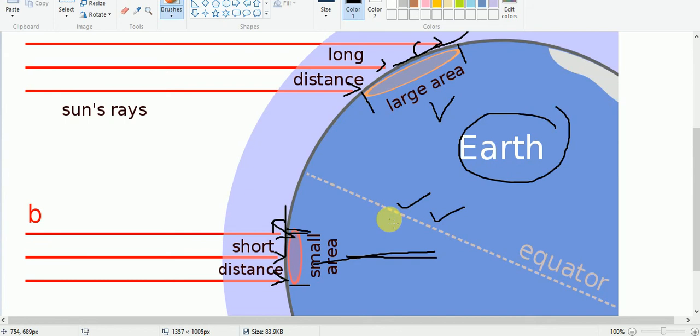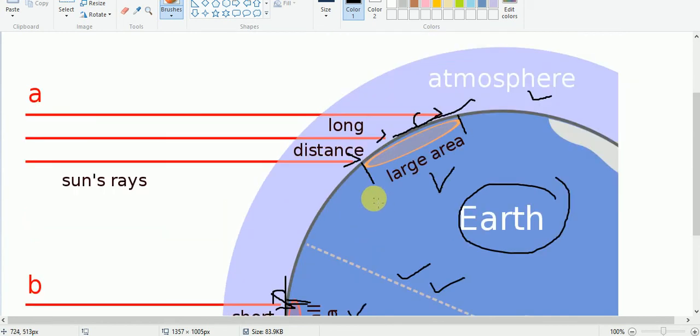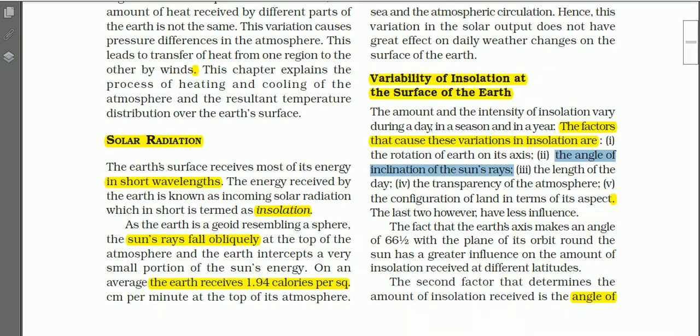Whereas at noontime we get almost vertical rays, and that is why we feel hot. It is explained in this way: vertical rays cover a small area, whereas inclined rays cover a larger area, the heat is distributed over a greater area, and that is why we feel cold.